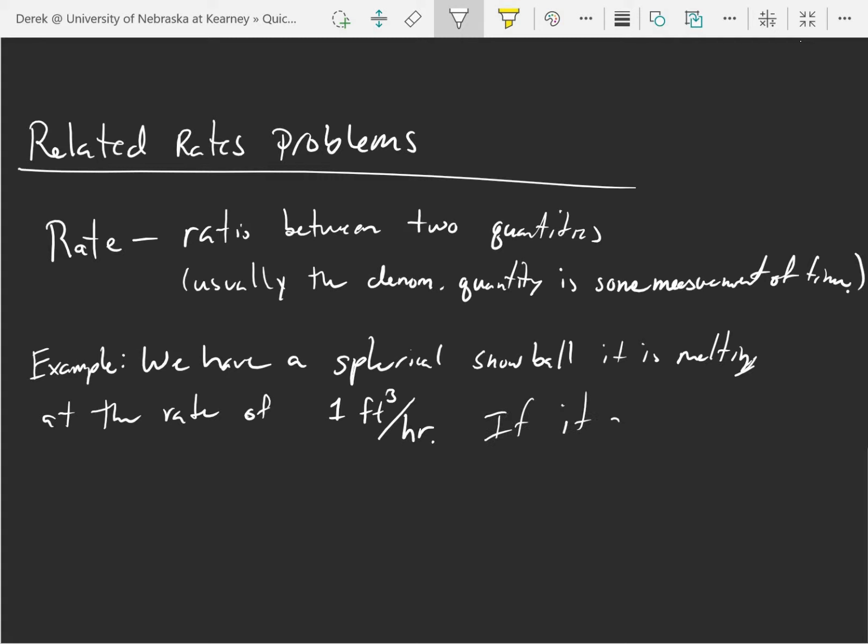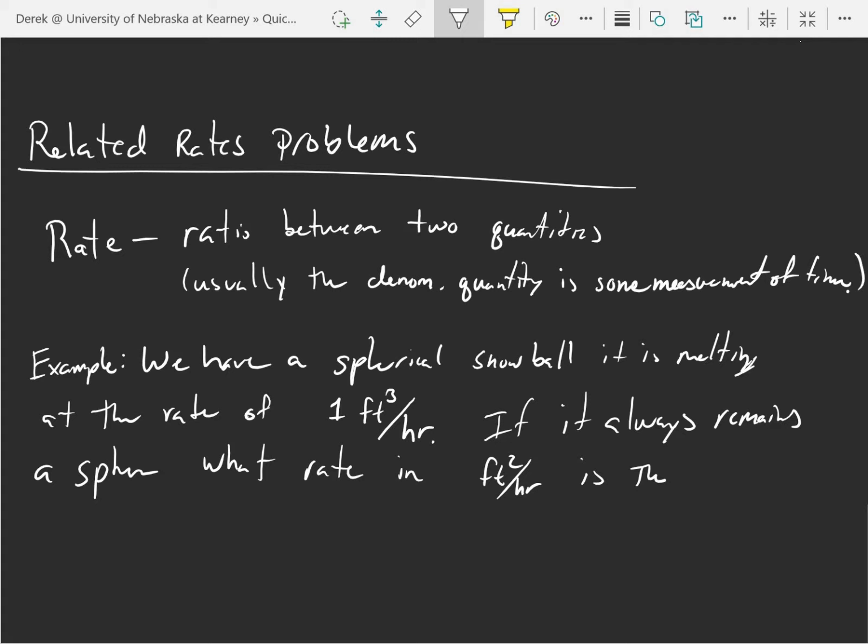If it always remains a sphere, at what rate in square feet per hour is the surface area changing?